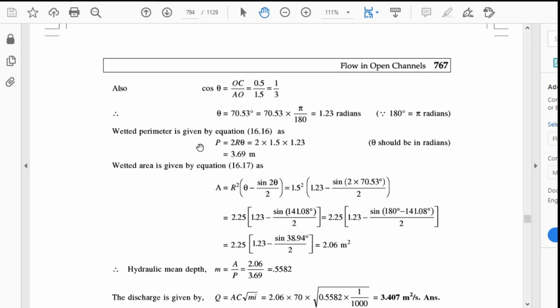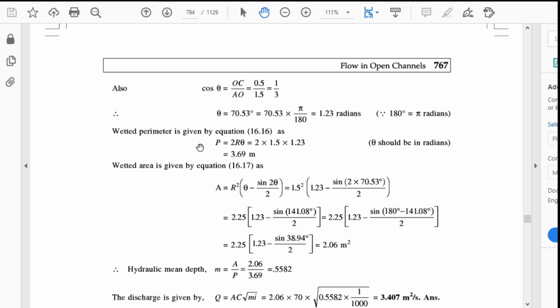So the weighted perimeter equation, as we have already studied, is P equals 2r theta. Now remember one thing: when theta is within a geometrical expression, that is sine, cos, tan, cot, or cosec theta, you have to take that theta in degrees.